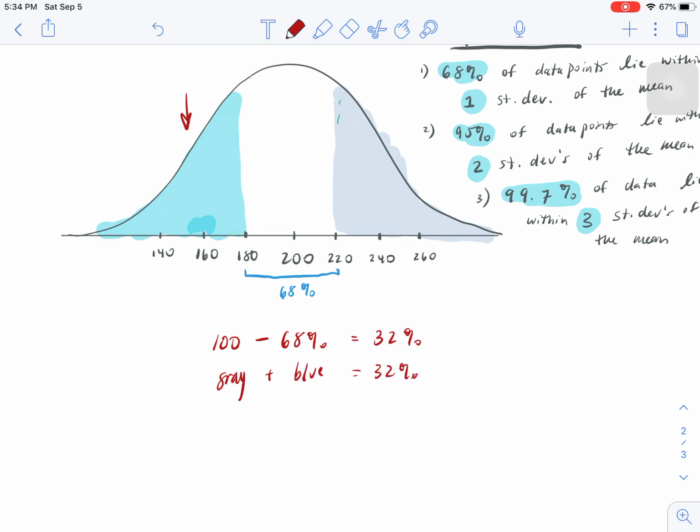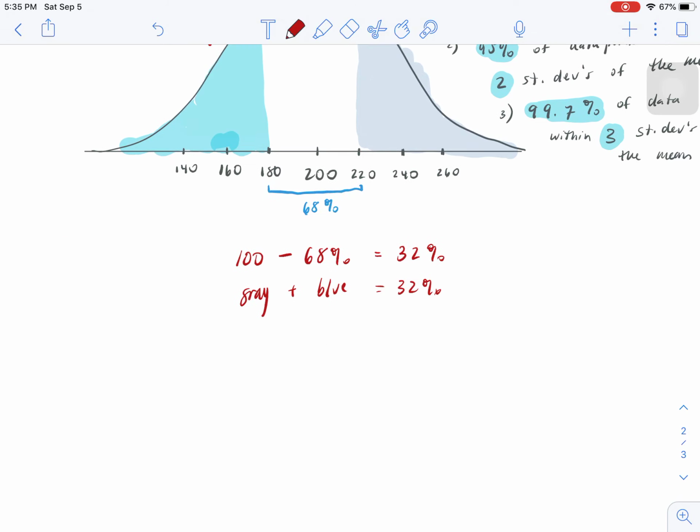The second thing I know is that the bell curve is symmetrical. These two sections are proportionally the same. This is everything below a standard deviation from the mean. This is everything above a standard deviation from the mean.